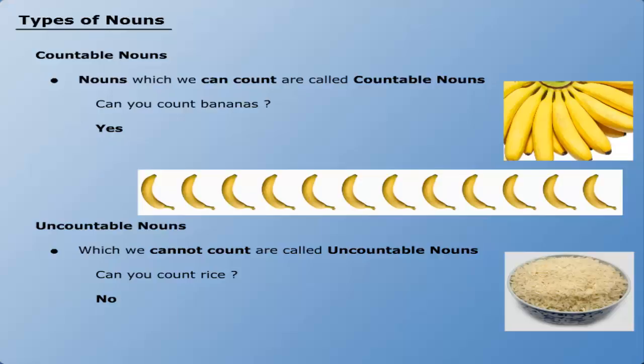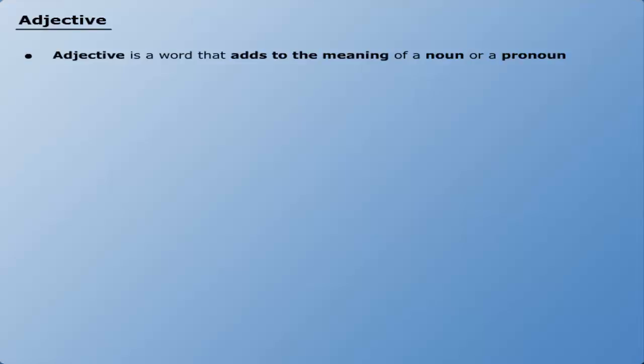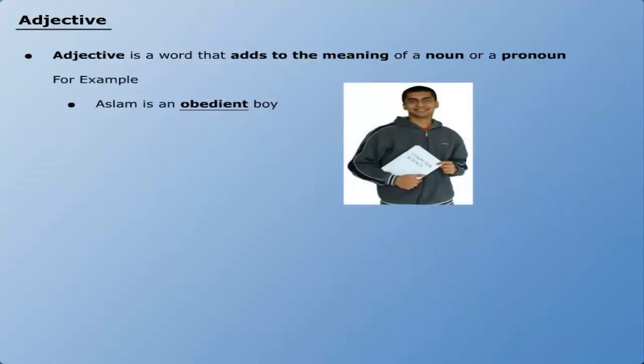Now, let us discuss what an adjective is. Adjective. Adjective is a word that adds to the meaning of a noun or a pronoun. For example, Aslam is an obedient boy.